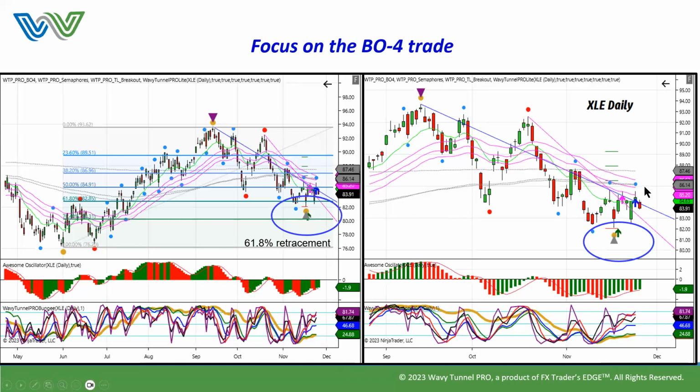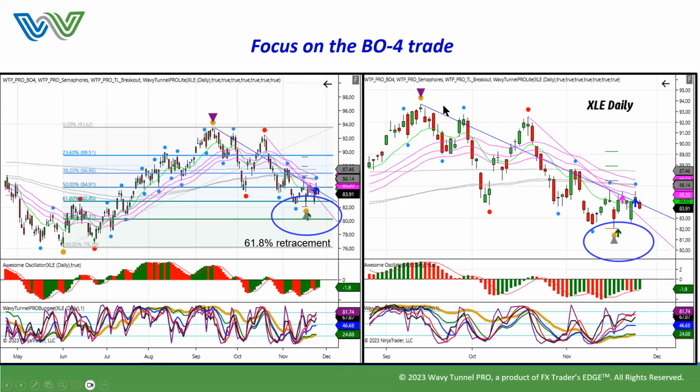And on the right-hand side, you can see the gray triangle here and the green arrow. The ready is when we see the gray triangle, and the signal is when we see the green arrow. And I'll show it to you on the scanner too.